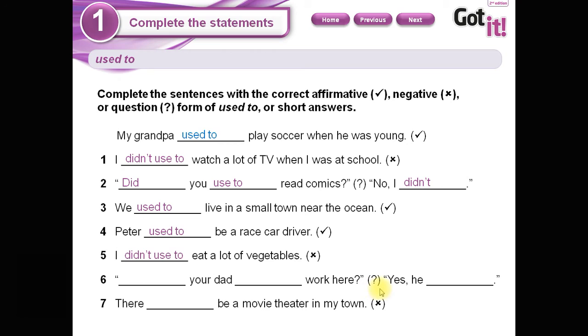Take a look at the symbol, okay? And here you have the short answer. So it says, did your dad used to work here? Yes, he did. Number 7, there be a movie theater in my town. It's negative. There didn't used to be a movie theater in my town. Okay, so let's move now to the next slide.